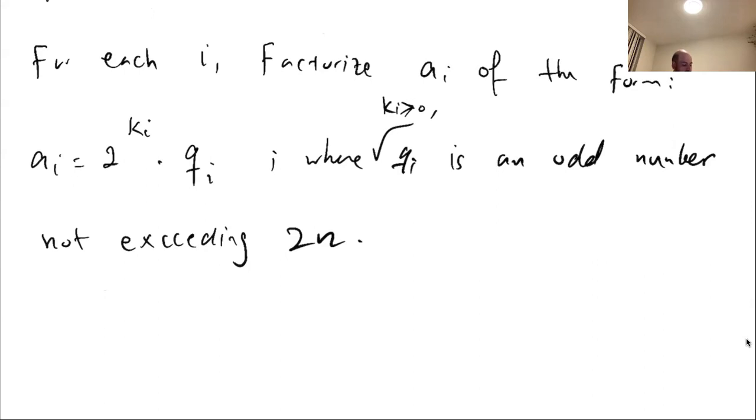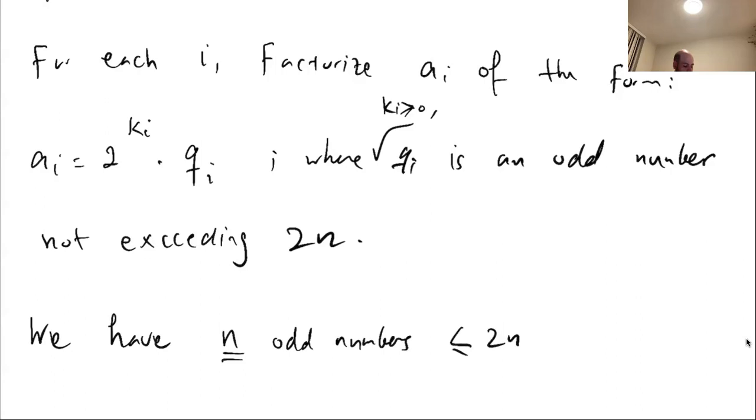Now I want to, okay, how many odd numbers do we have less than or equal to 2n? So we have n odd numbers less than or equal to 2n, right?